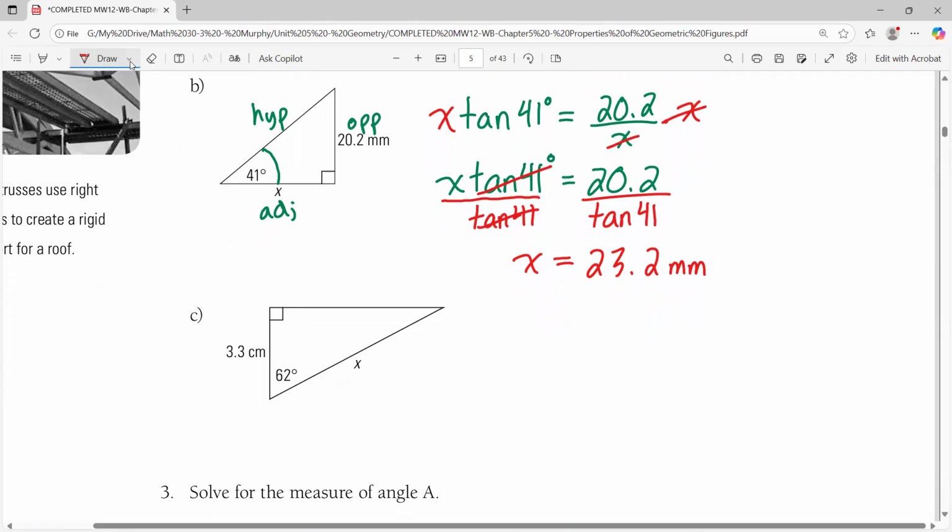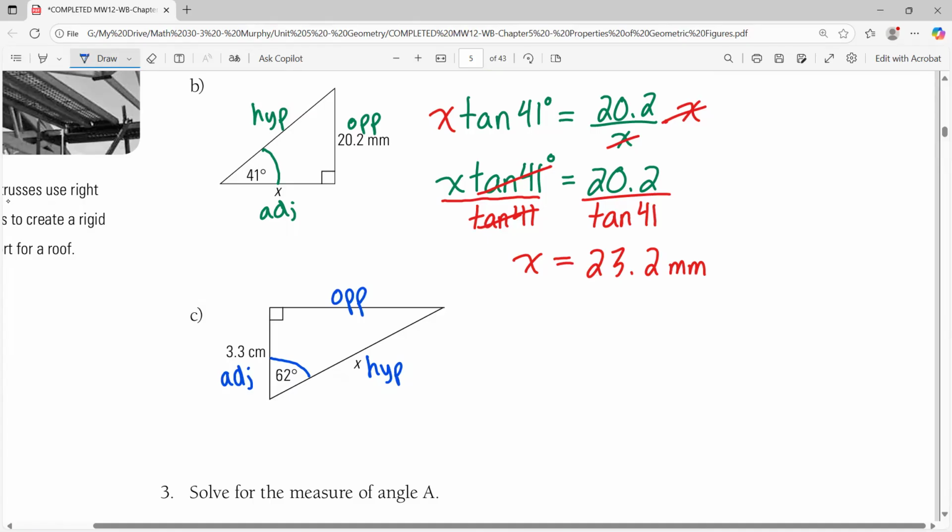Okay, C. I'm gonna go around and label everything. So I got an angle here. Straight across from the 90 is hypotenuse. It's also the longest side is another way to think about it. Straight across from the other angle is opposite because it's opposite of the angle. And then the leftover is adjacent. Okay.